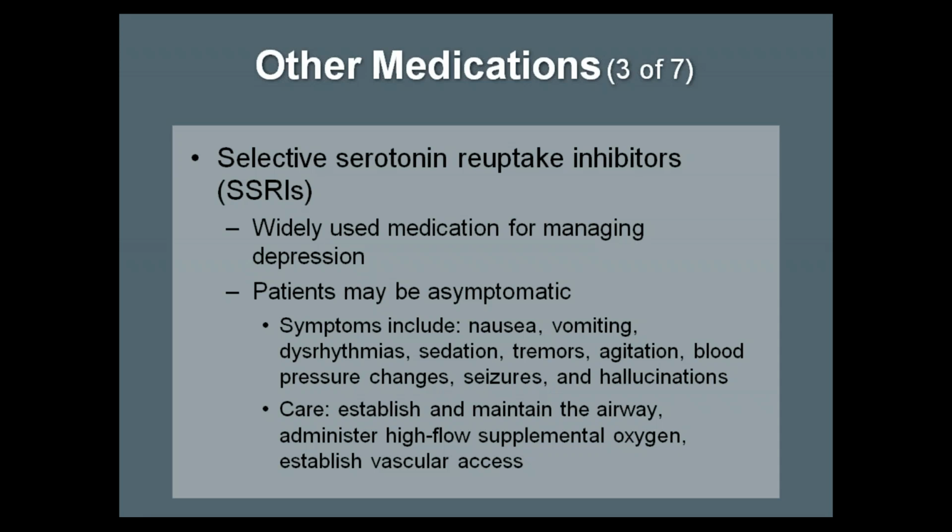These are the ones you have to worry about, in my opinion, where I've seen more times that they take a polypharm, where maybe they've intentionally overdosed on these before, realized it didn't work the way they wanted, and now they're mixing other things with it. Like I said, they have access to Google too. ABCs, high flow oxygen, IV access.